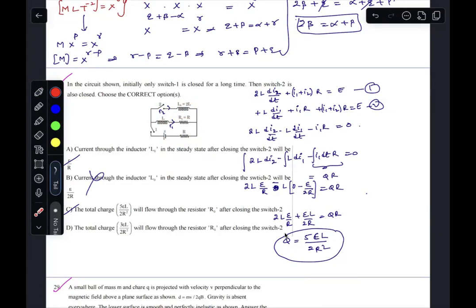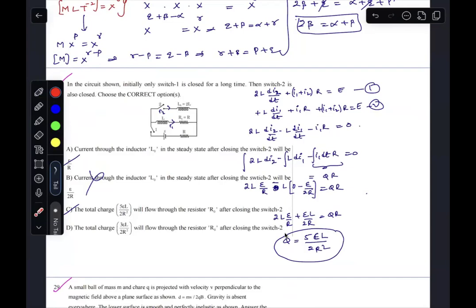I have done 1 minus 2 so that I can avoid these two. Finally, I got this. Don't forget, you want the charge that flows through this resistance, which means you want the integration of this. I have restructured this equation. You can see 2L di2 minus L di1 minus I1 dt R. Integral I1 dt is what I want actually. That is the Q into R. The rest are integral di2.